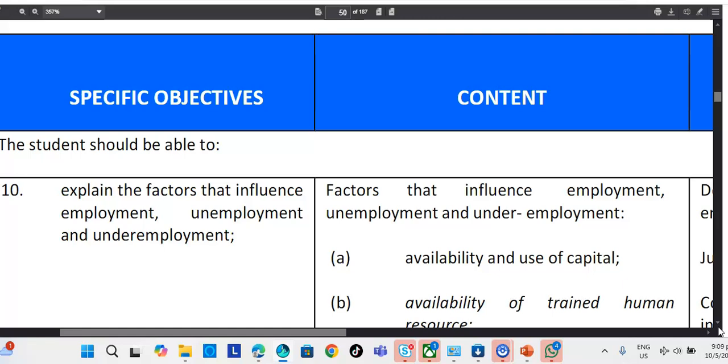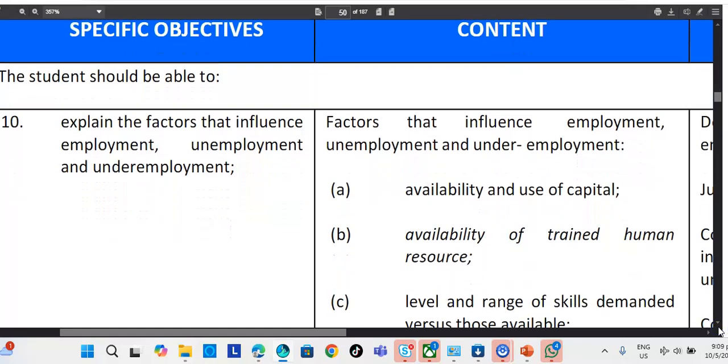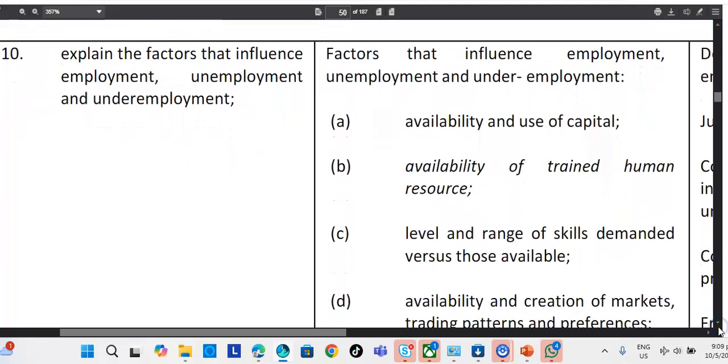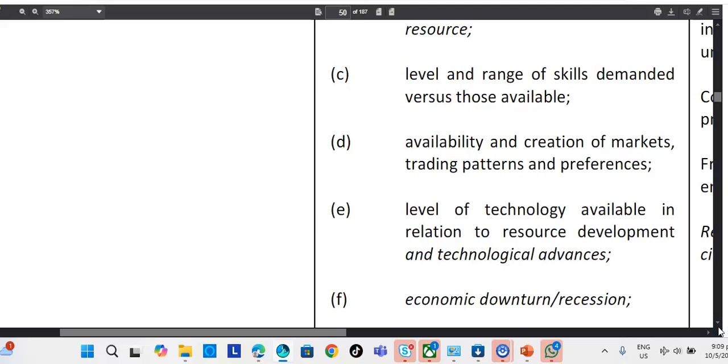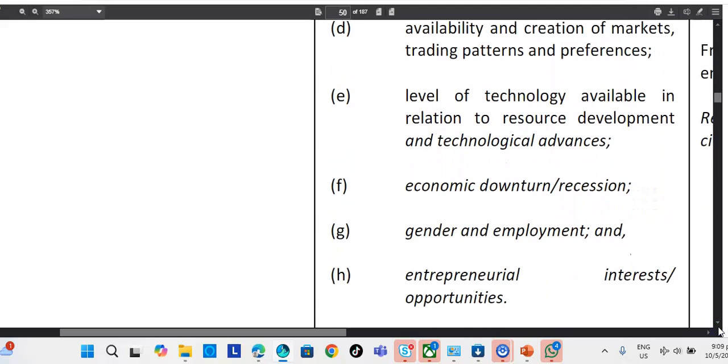Students should be able to explain the factors that influence employment, unemployment, and underemployment. Factors that influence employment, unemployment, and underemployment are availability and use of capital, availability of trained human resources, level and range of skills demanded versus those available, availability and creation of markets, trading patterns and preferences, level of technology available in relation to resource development and technological advances, economic downturn, recession, and gender.